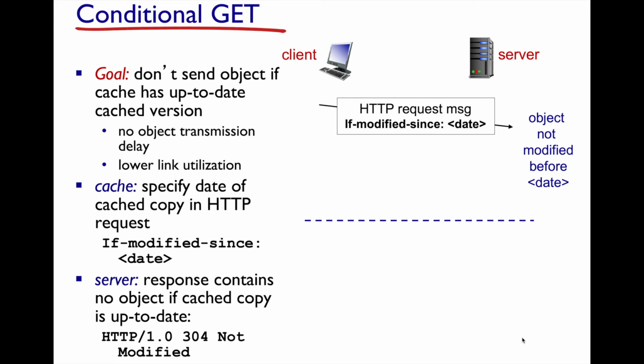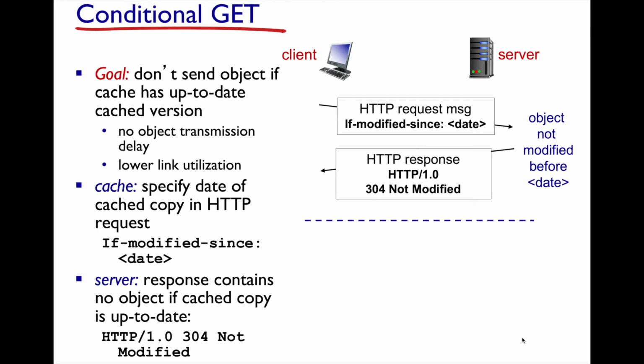If it's the same date, it sends back a not modified message, right? And you use your local copy. Notice this not modified response is just HTTP text. That can fit within a packet. It's very small, doesn't take up a lot of bandwidth, and the object does not exist in that response message, message 304, okay? Or response 304.